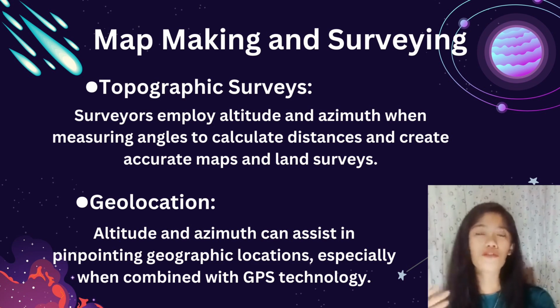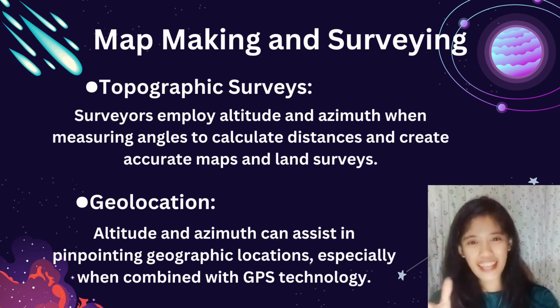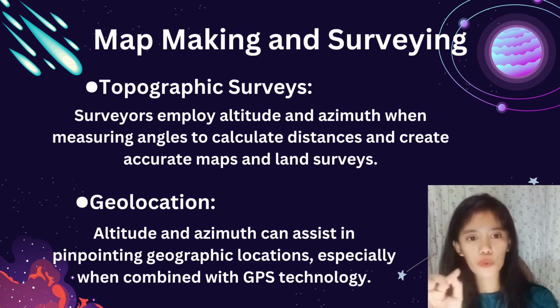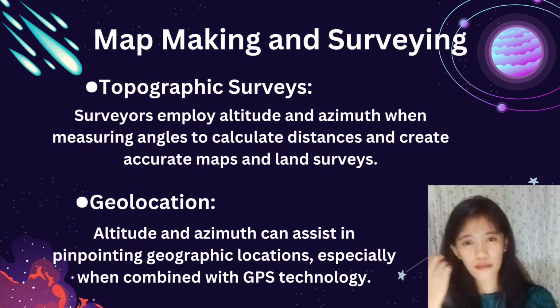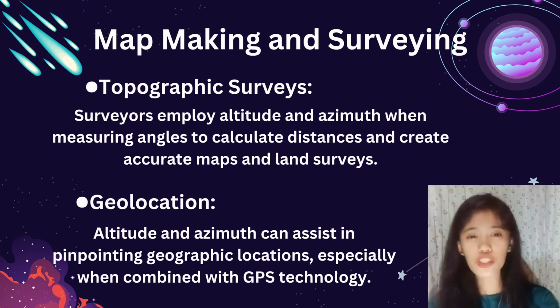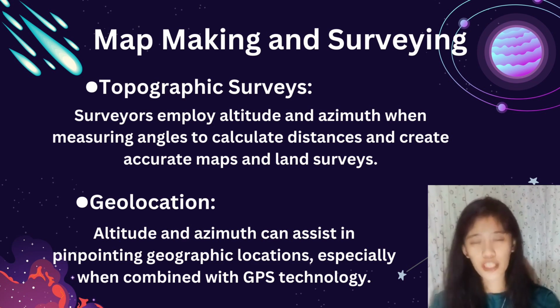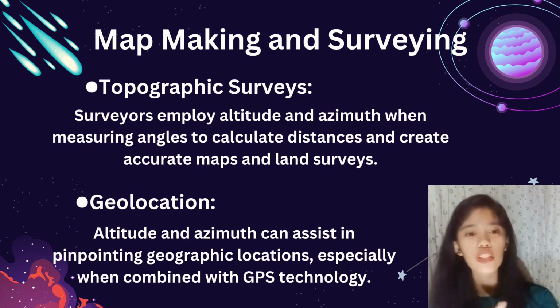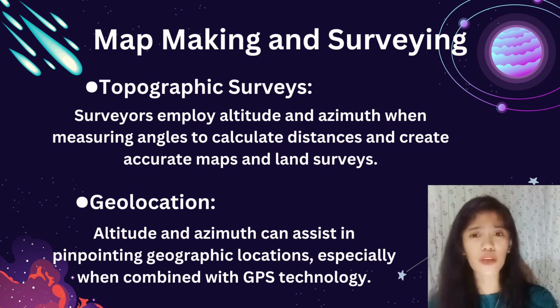So, altitude and azimuth are fundamental measurements in the realm of geolocation, playing a vital role in determining precise location on Earth. Their integration with GPS technology enhances the accuracy and reliability of geographic positioning, which is essential in various applications, including navigation, mapping, augmented reality, emergency services, and scientific research.